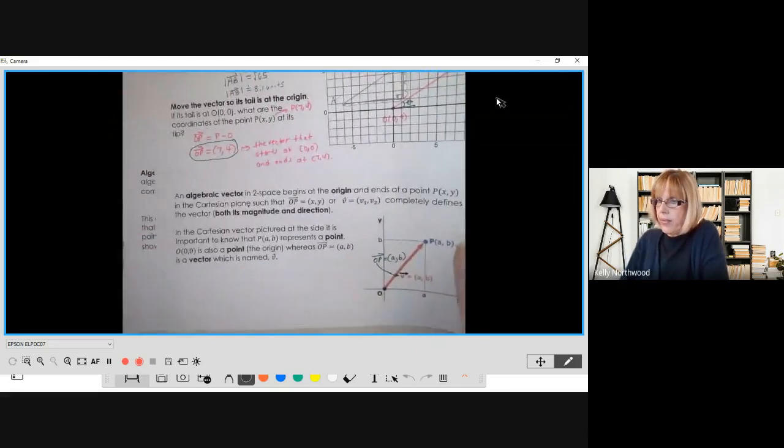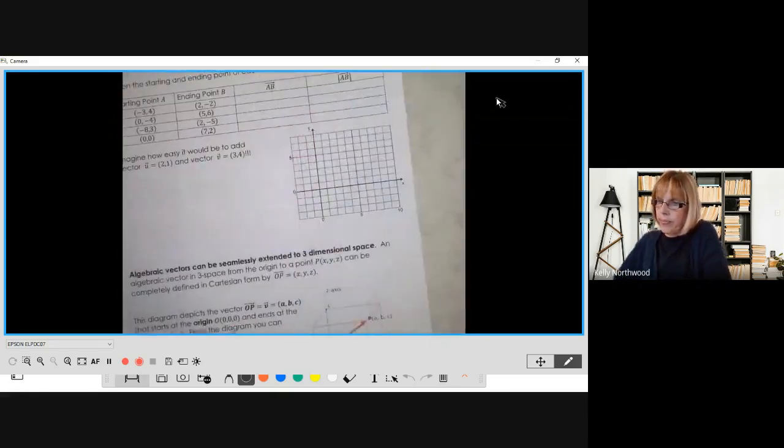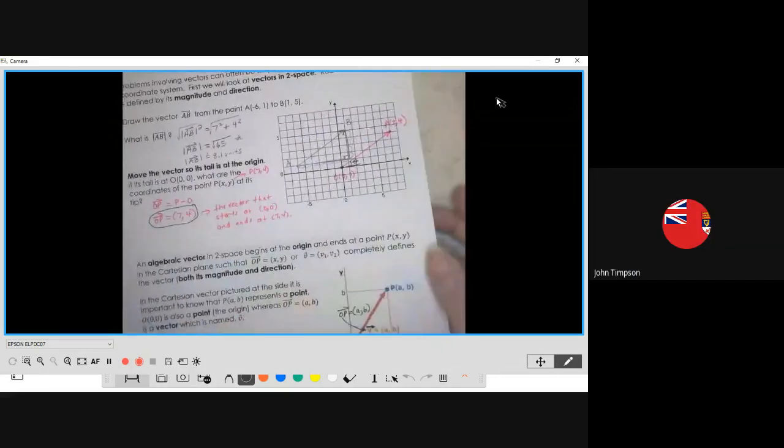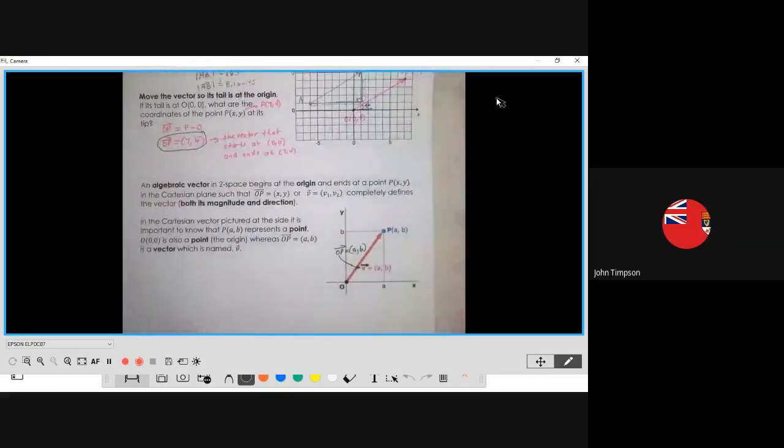And that's an algebraic vector. Okay, so lots of definitional stuff here. Ms. Northwood? Yep. I'm wondering, when you're writing down some of the points, you're able to write down the letter for the point, and then immediately after it, the coordinates.